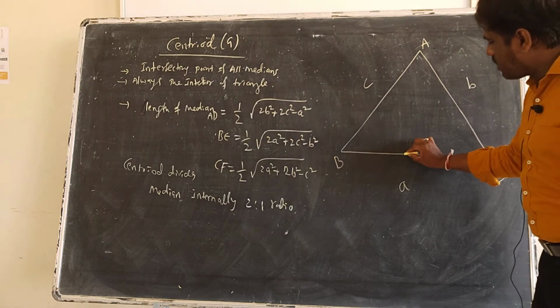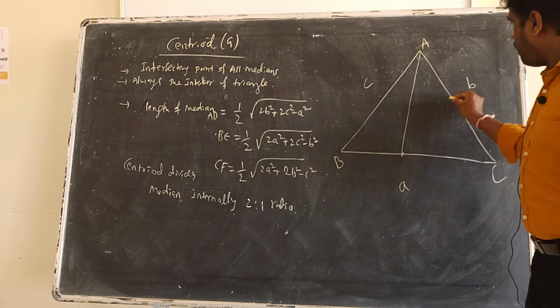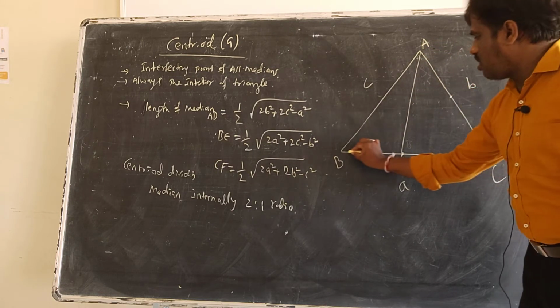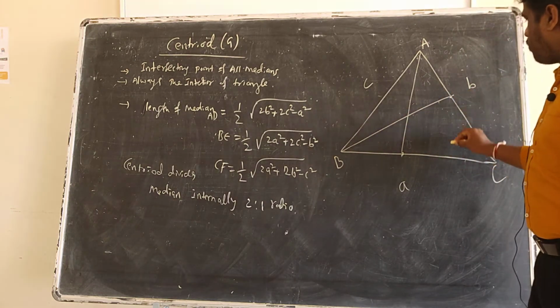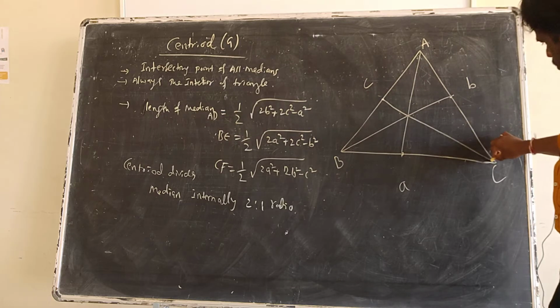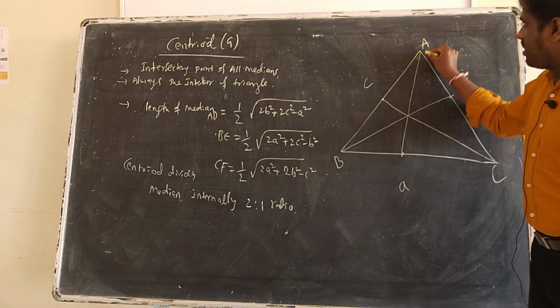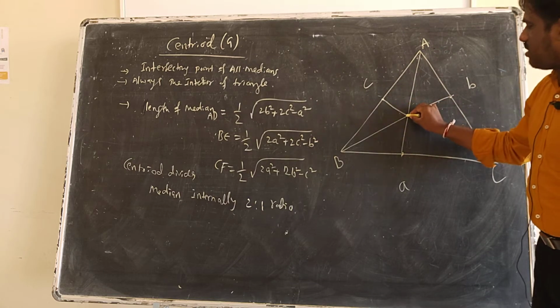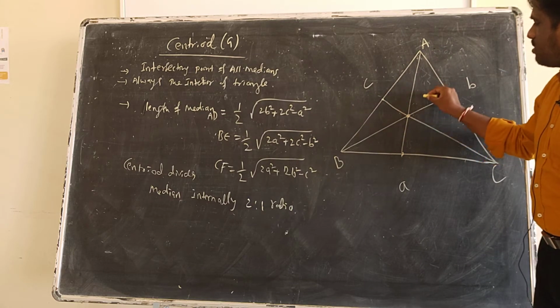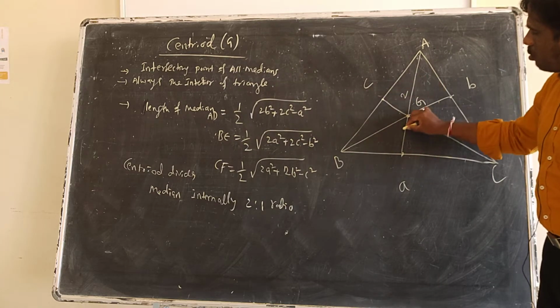Median means if you take the midpoint of any side and join it to the opposite vertex, that is called a median. The length of the median is given by a formula. The intersecting point of the medians is called the centroid, and it divides each median in the ratio 2 is to 1.